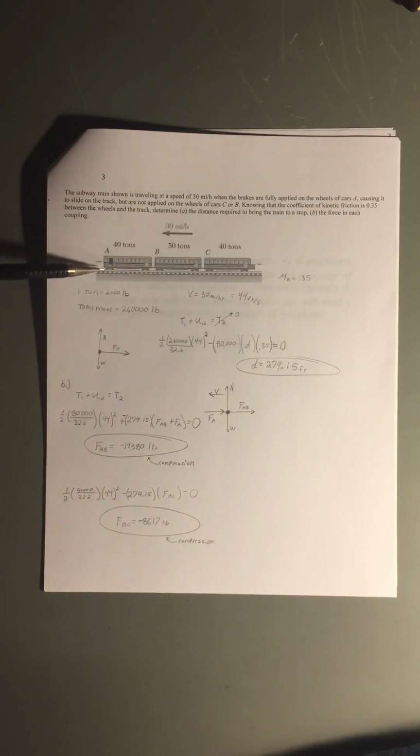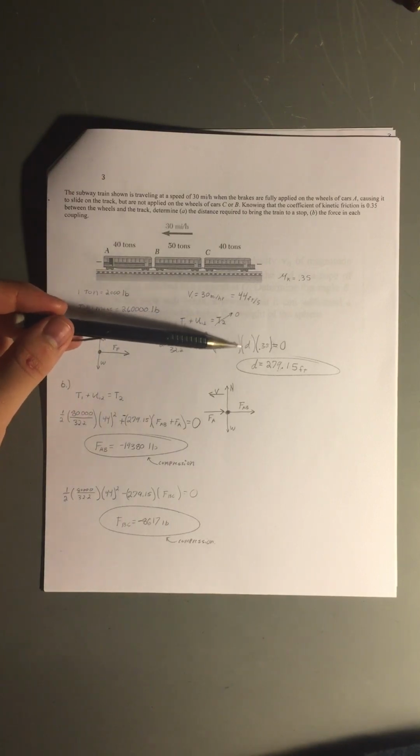And because the brakes are only applied to train A, that weight is only the 40 tons or 80,000 pounds. And then this is also multiplied by D because we know that work equals force times a distance.